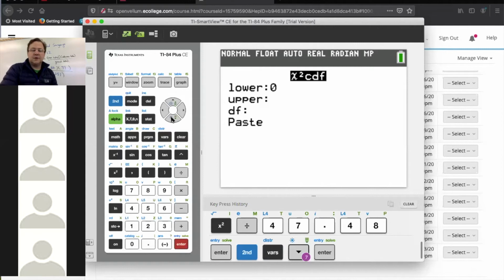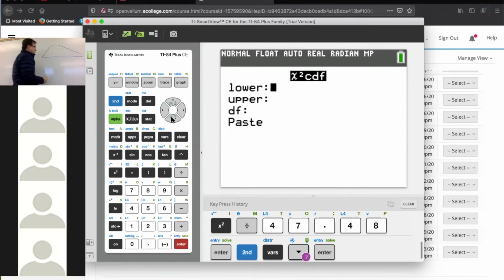So the picture that I have in mind, let me go ahead and draw the picture. The picture now is not symmetric because it's a chi-square distribution.